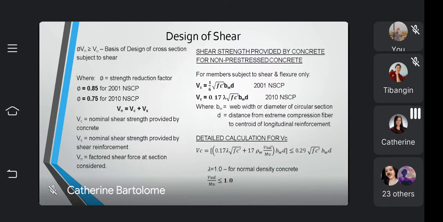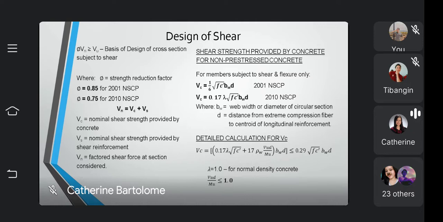Okay, so let's move on to the design of shear. We all know that in designing for moment, our basis for design is that phi Mn is greater than or equal to the ultimate moment Mu. We will do this also for shear.